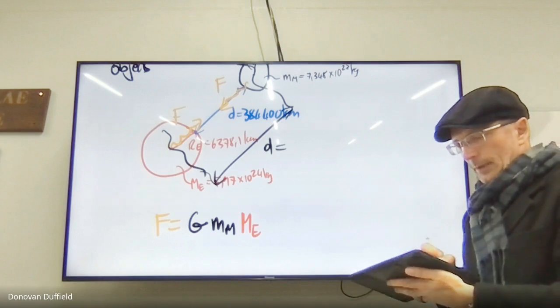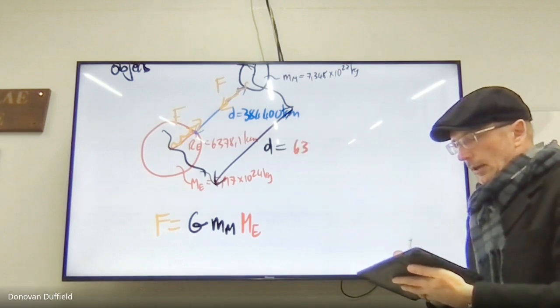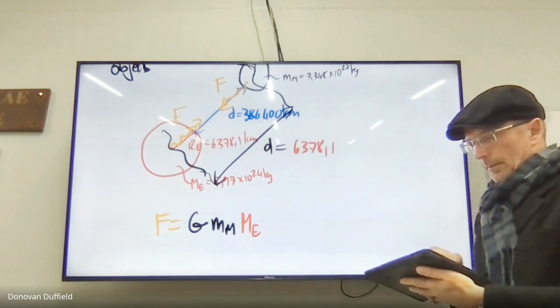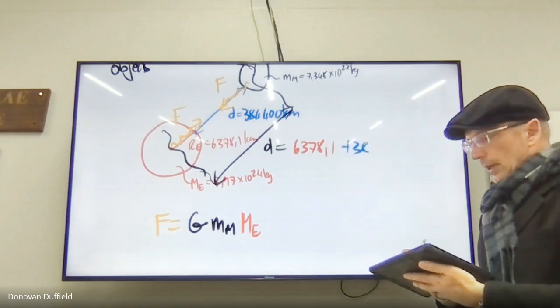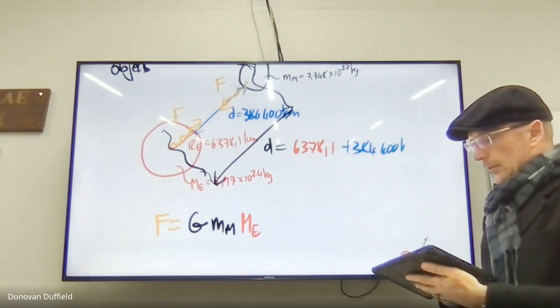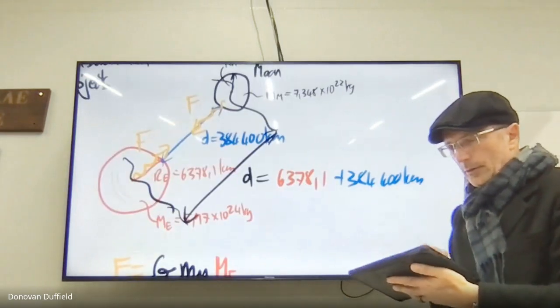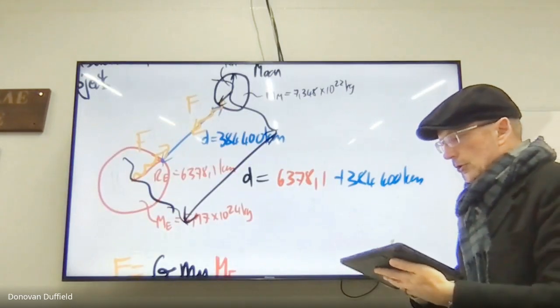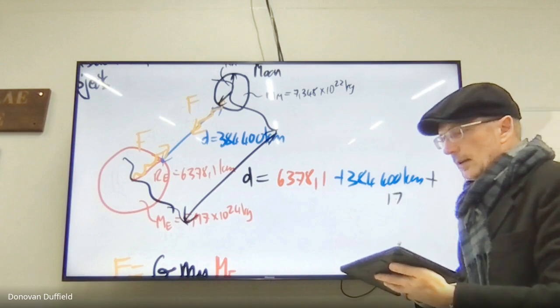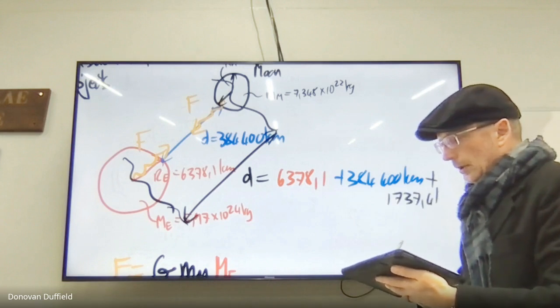What is that distance? It's going to be 6,378.1 kilometers plus 384,400 kilometers between the surfaces, plus the radius of the moon, which is 1,737.4 kilometers.